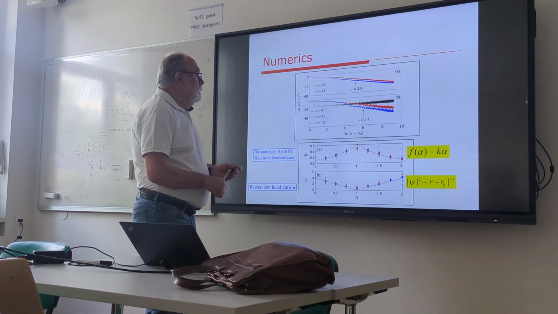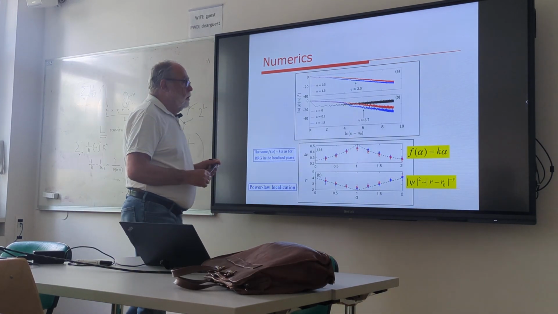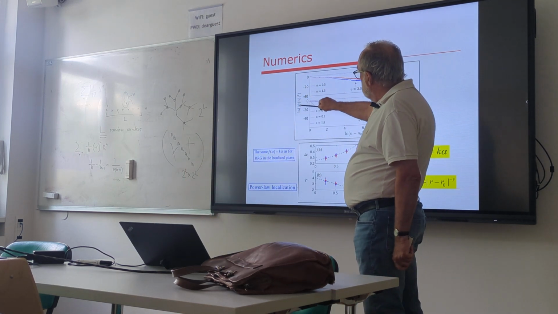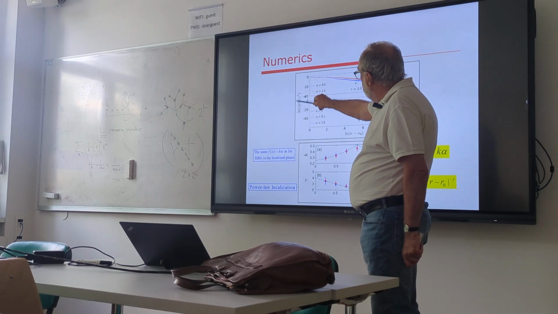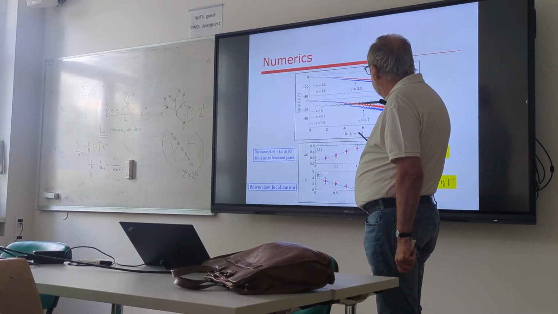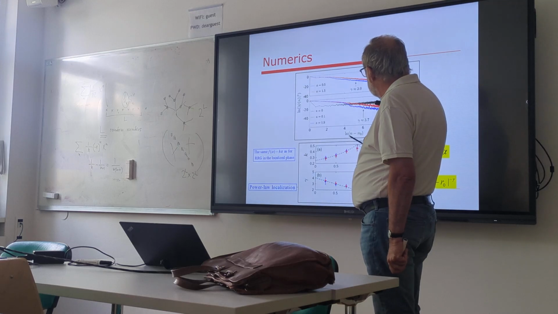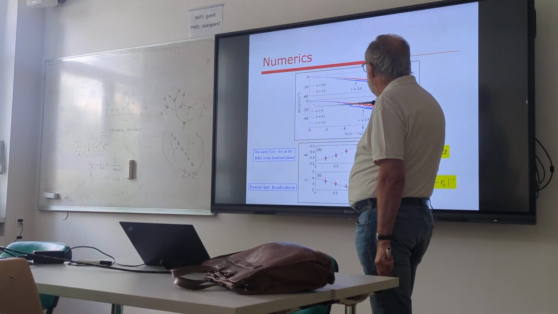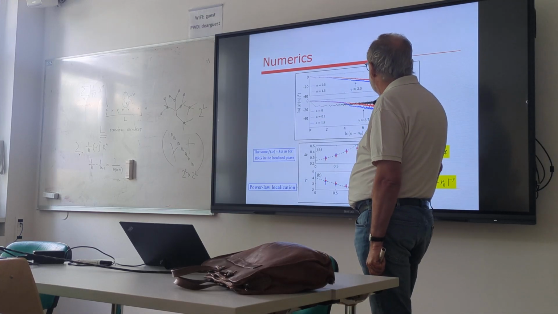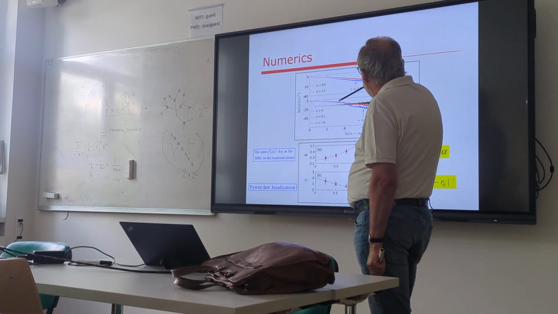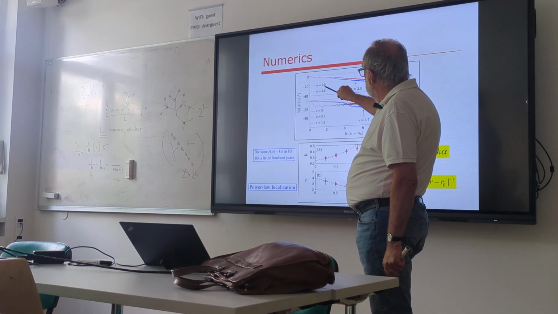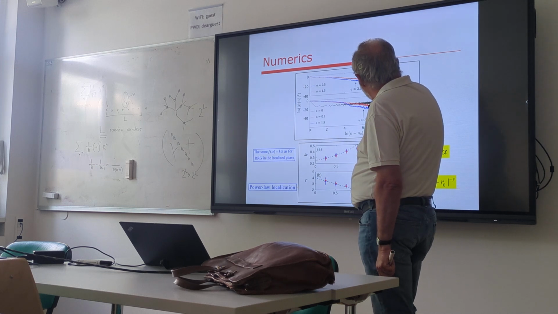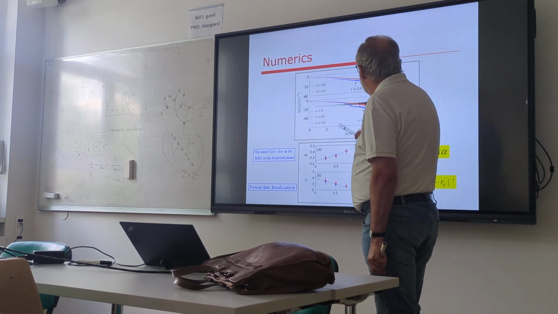And now, again, numerics. This is the logarithm of the wave function counted from the center of localization. So n naught is the center of localization. This is the logarithm of n minus n naught, and this is the logarithm of the wave function. And you see that for A equal to 1/2 and A equal to 3/2, they are parallel in log-log coordinates.